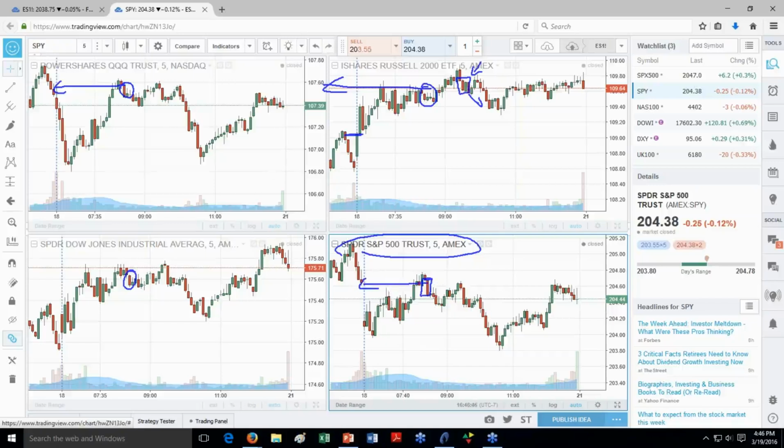Okay, let me see. Okay, hold on a second. Okay, so this is where we are actually getting the signal for the spiders, right here in this area. So we might consider opening a short position here after the failure. So again, at this point, you would be looking at what is strong, what is weak.